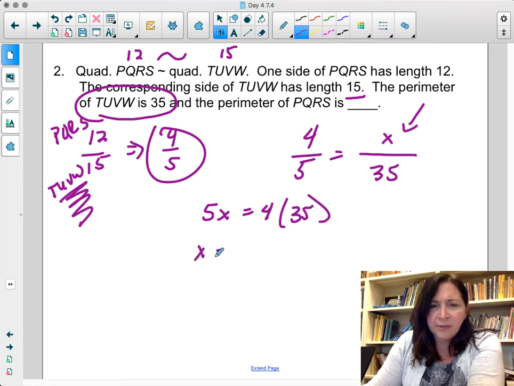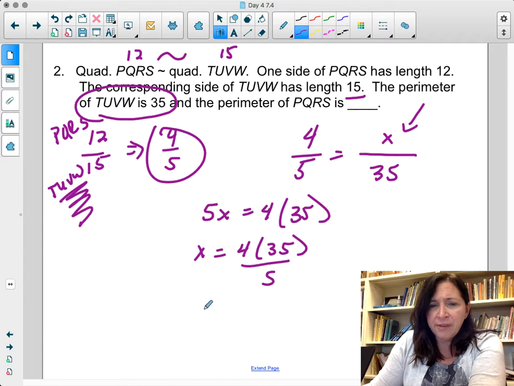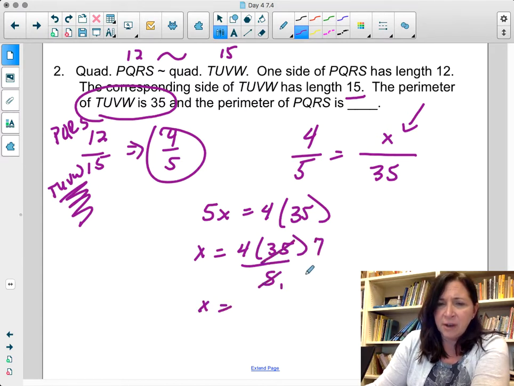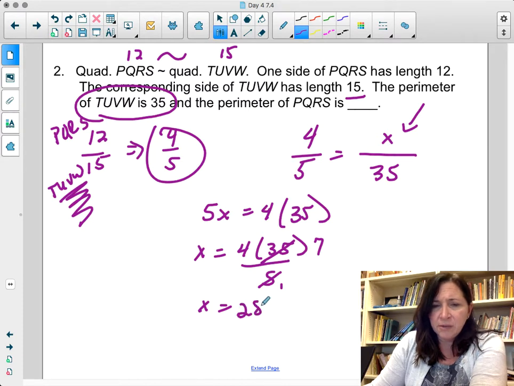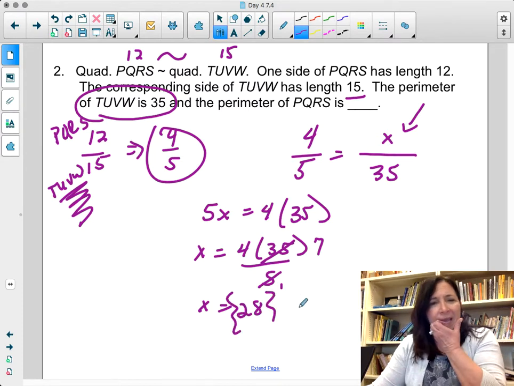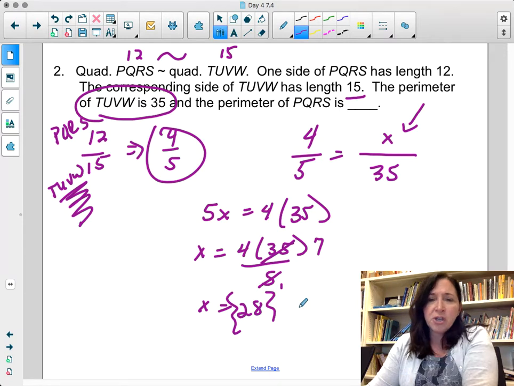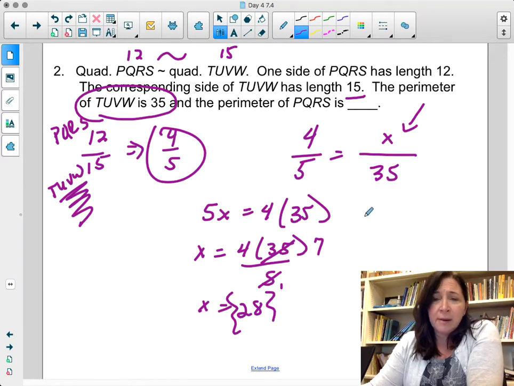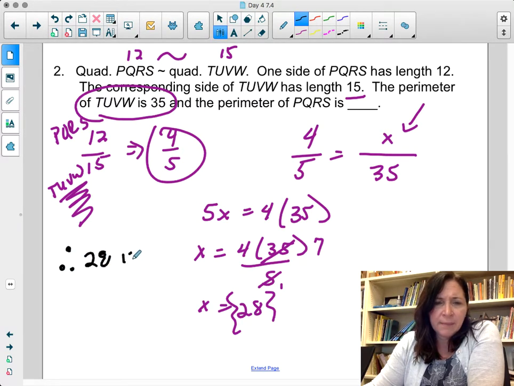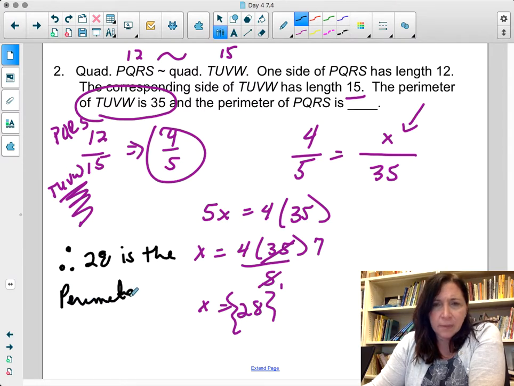We're going to get x is equal to 4 times 35 divided by 5. And so we know that 5 divides into 35 7 times. 4 times 7, we get 28. So 28 is the perimeter of PQRS. And you would write that on the side, therefore, 28 is the perimeter of PQRS.